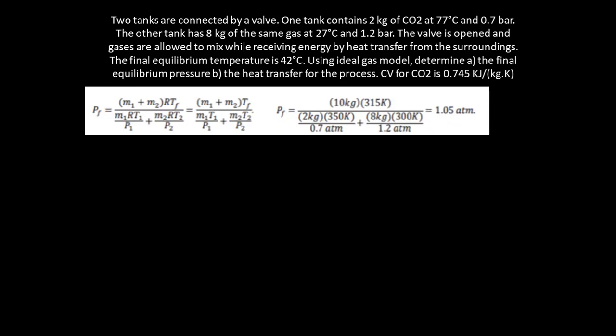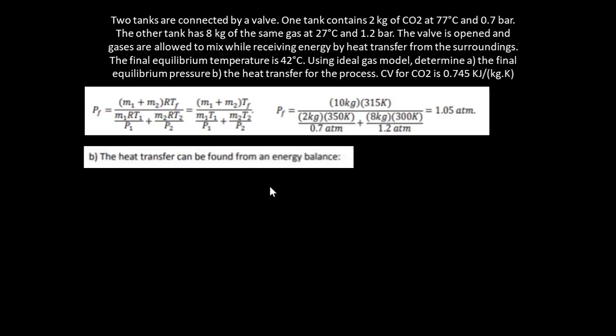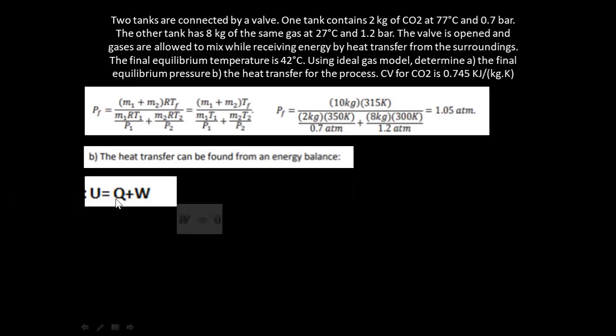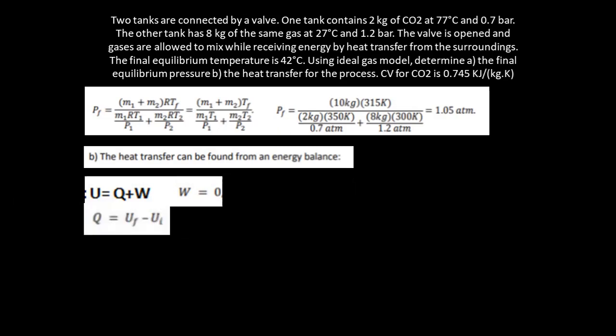Now, let's proceed with the second problem. The heat transfer can be found from an energy balance. So for internal energy, ΔU is equal to Q plus W. But since both tanks don't exert work, W is equal to 0. If we're going to further simplify this, our heat Q is equal to the change in internal energy.